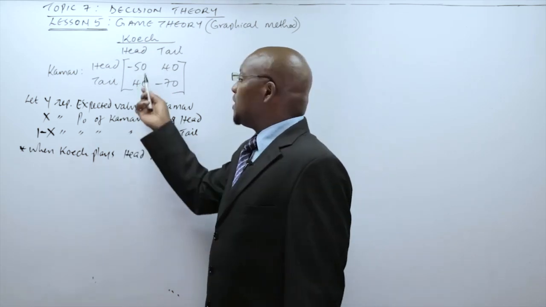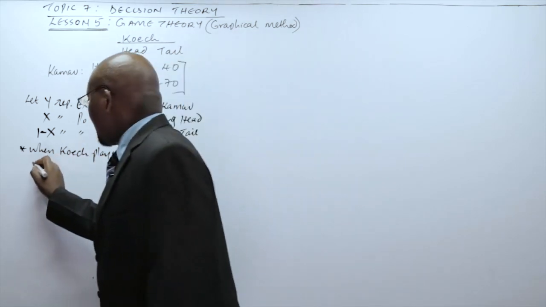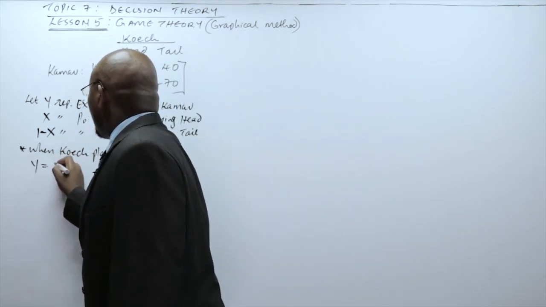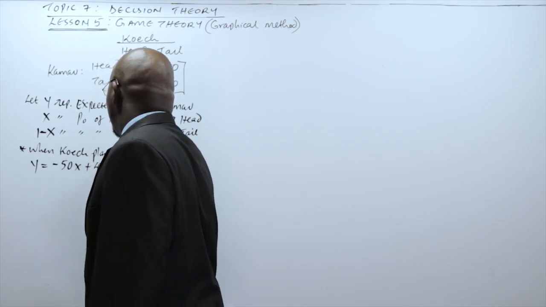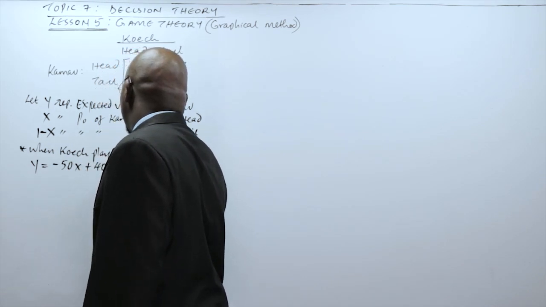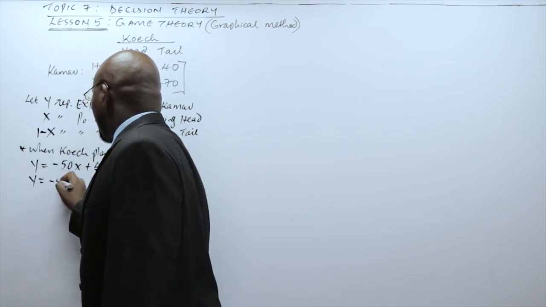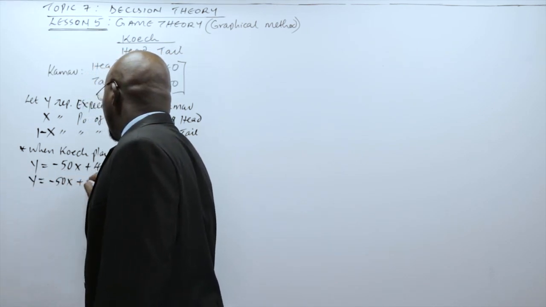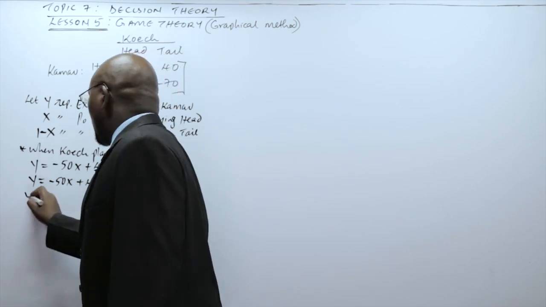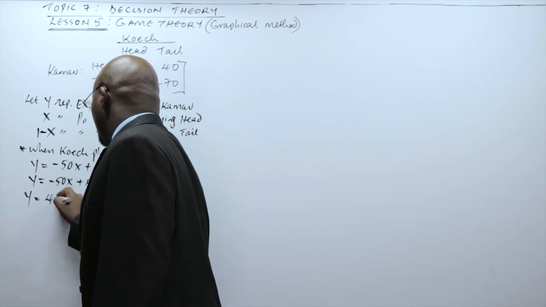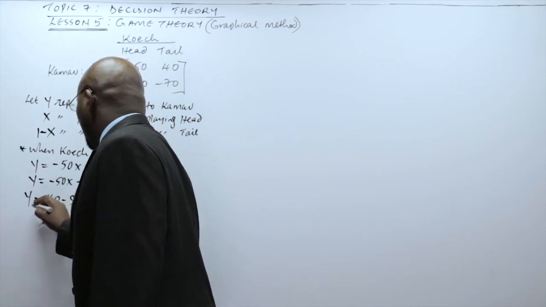And since we have the probability for head and tail, which is x and 1 minus x, we indicate that y equals minus 50x plus 40 in bracket 1 minus x. This you work out: y equals minus 50x plus 40 minus 40x, meaning y equals 40 minus 90x. This is our equation now.